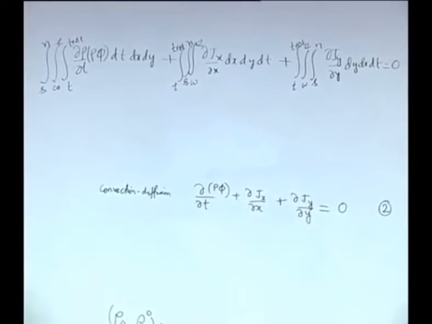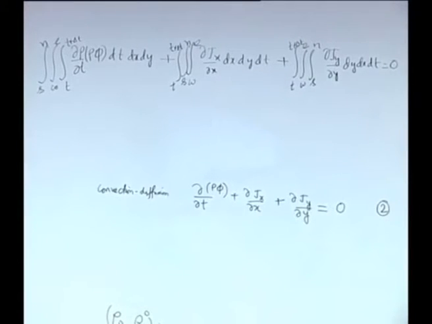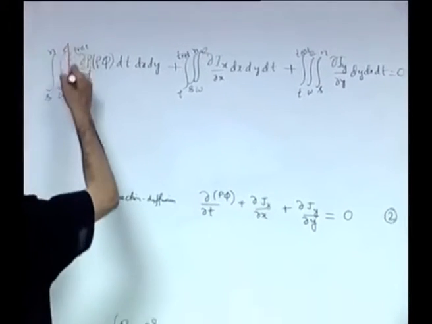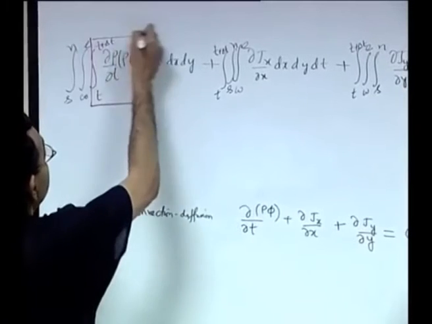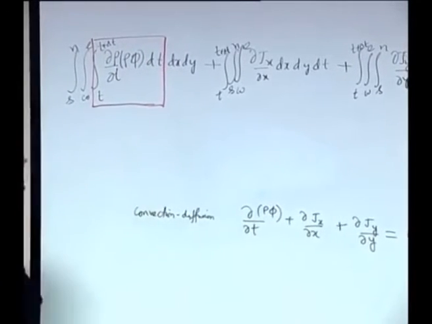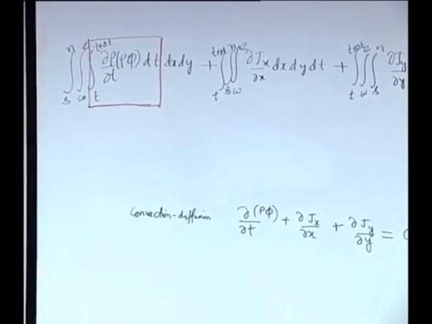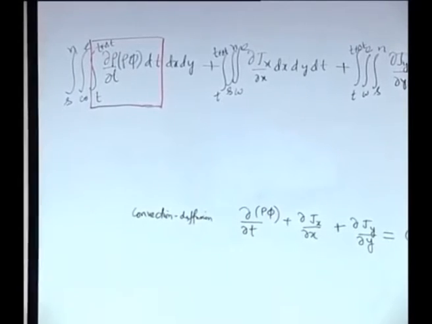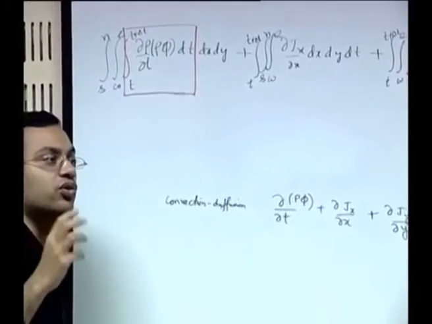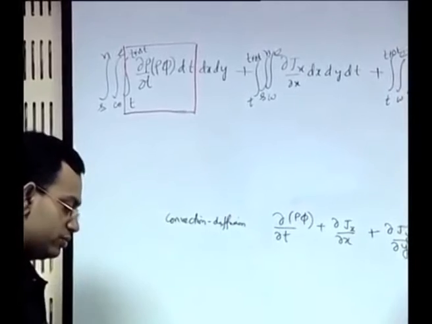So, first we integrate the time expression here, and what can we assume? We can assume a piecewise constant profile for both rho and phi over each control volume.